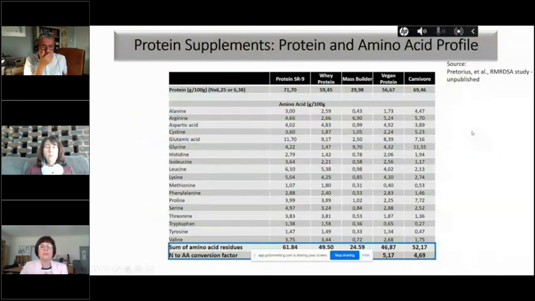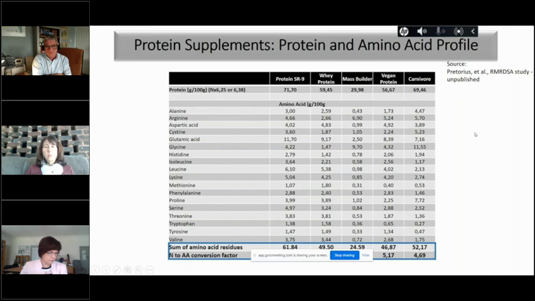Then this is for high protein supplements, and I just include this so that we can take note. For the whey protein supplement, we use a factor of 6.38, and for the rest, we use a factor of 6.25. And you will see that especially this one, if we recalculate the conversion factor, we get 4.69.